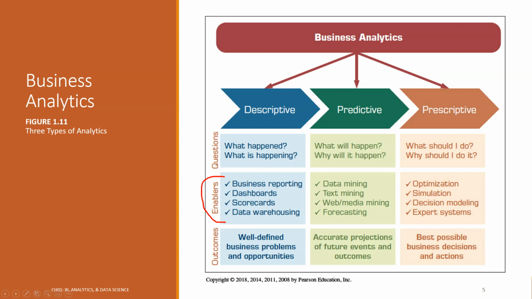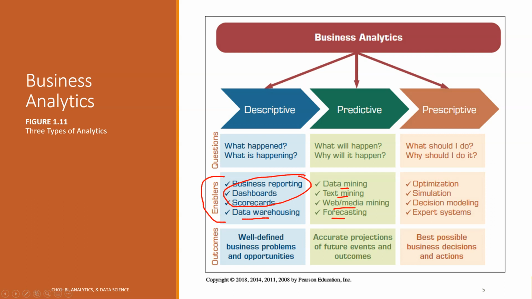What's really important here is when we start to take a look at the enablers. For the enablers of descriptive analytics, we're going to focus a lot in this course on data warehousing, and of course some of these tools here: business reporting, dashboards, and scorecards. These nowadays are a little bit more like visual analytics. You've probably already heard of some of these other terms: data mining, text mining, and forecasting, and maybe even web media mining.